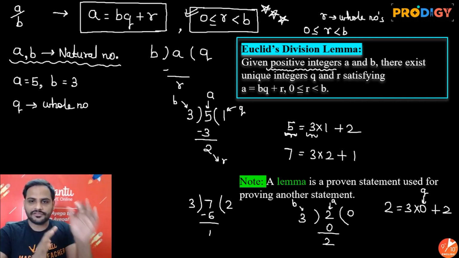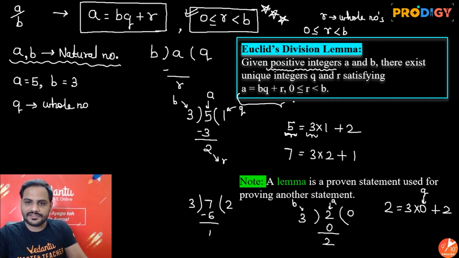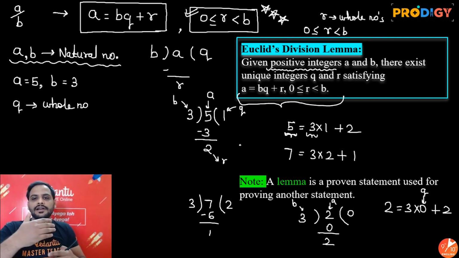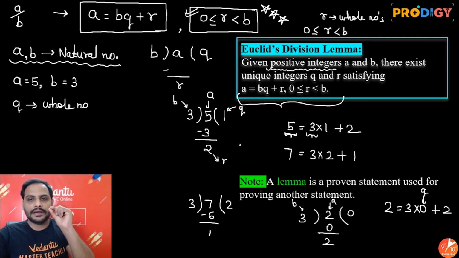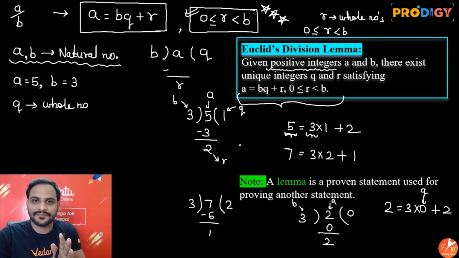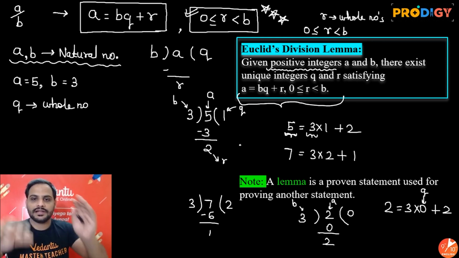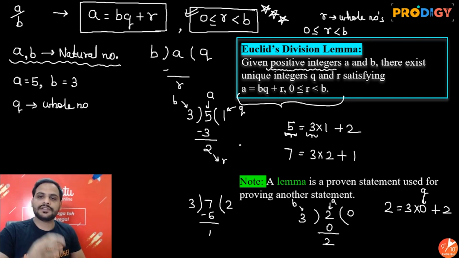Alright, so you understood that this equation is just a simplified equation made from the division of two numbers. A is equal to BQ plus R. If it is so easy, why are the questions repeated every time? Remember this thing: with this division lemma, we solve different types of questions.